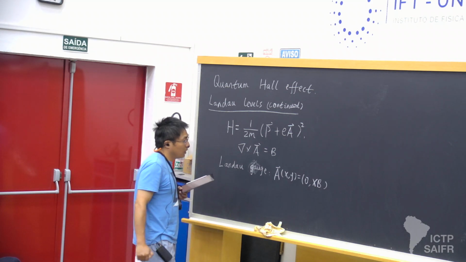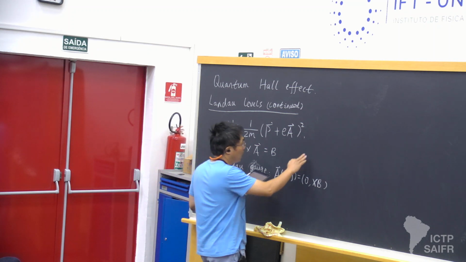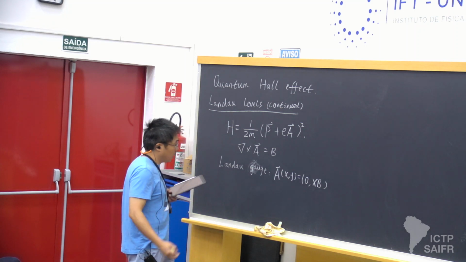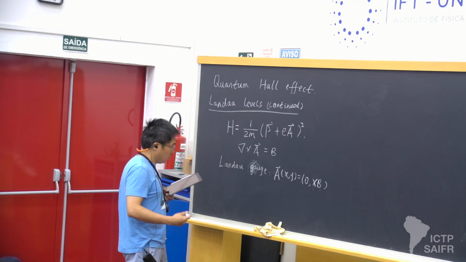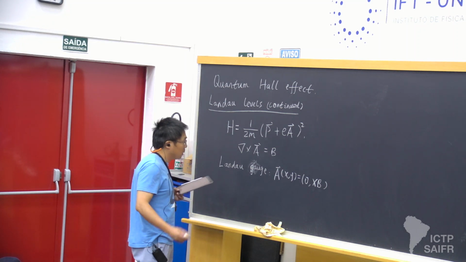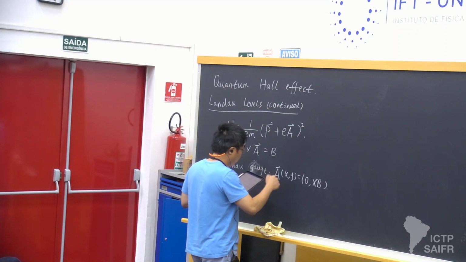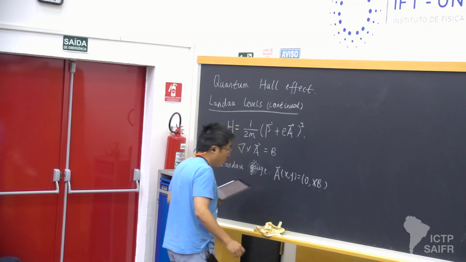So a consequence is that the momentum along the y direction will be a good quantum number, such that the wave functions will be eigenstates of the momentum along the y direction.